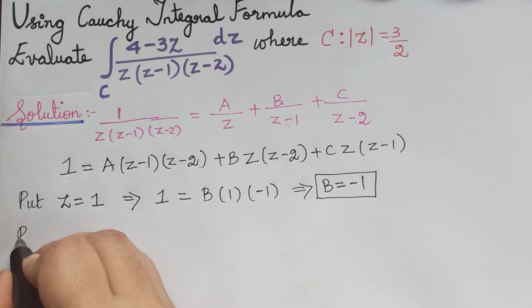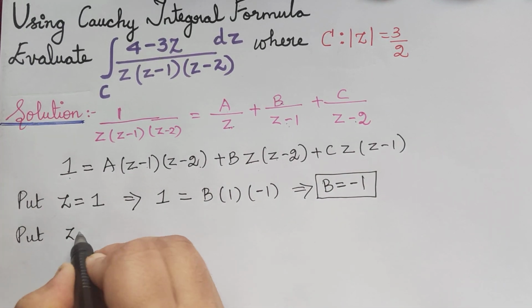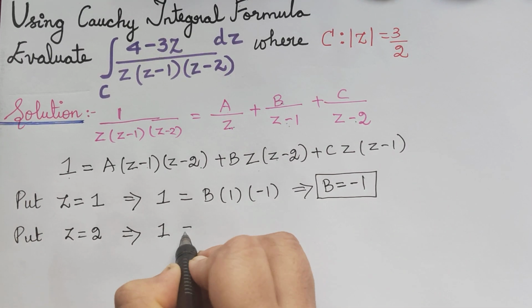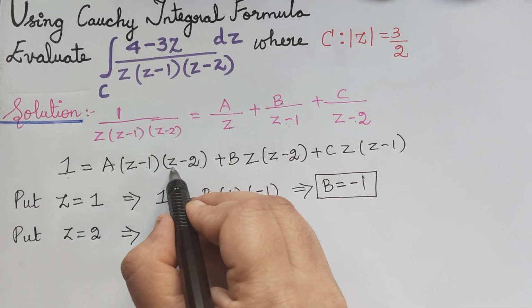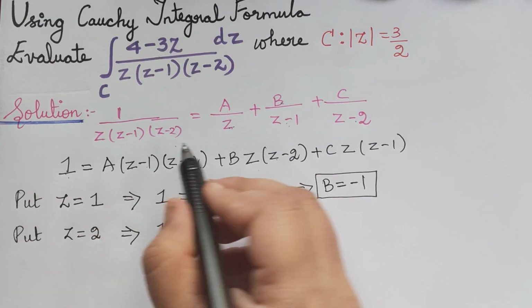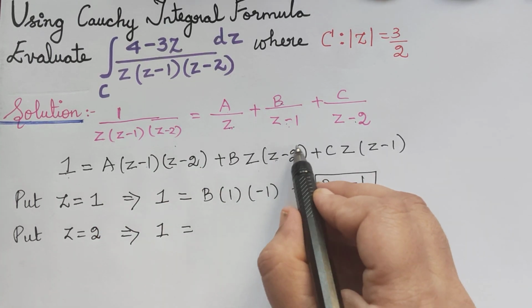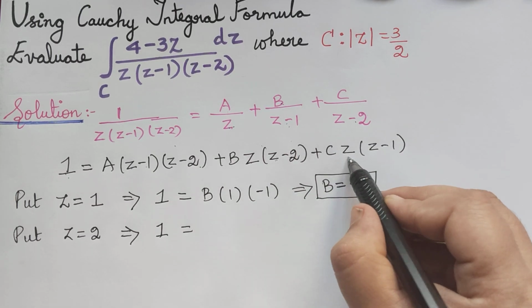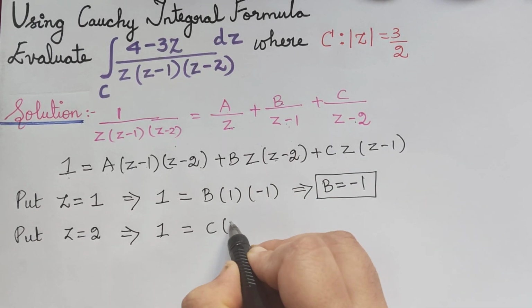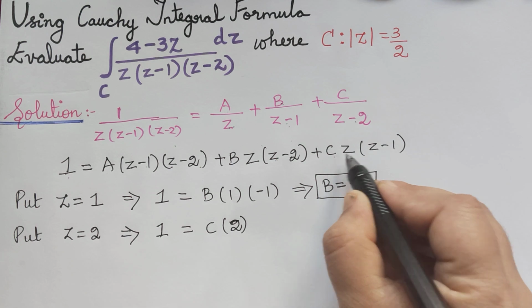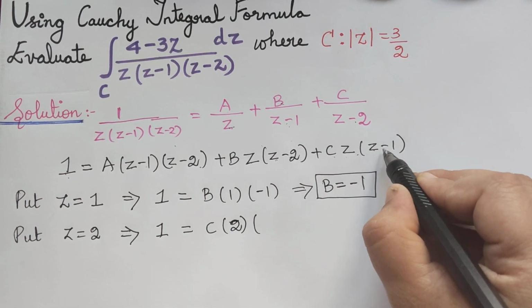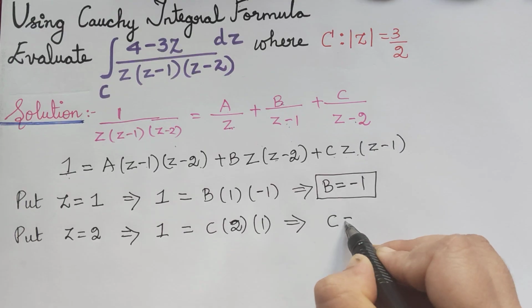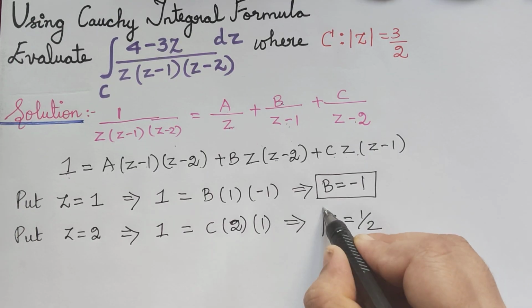Next we put z equal to 2. The a term becomes 0, and the b term also becomes 0 because 2 minus 2 is 0. Here we get c multiplied with 2 multiplied with 2 minus 1, which is 1, and therefore c equal to 1 by 2.